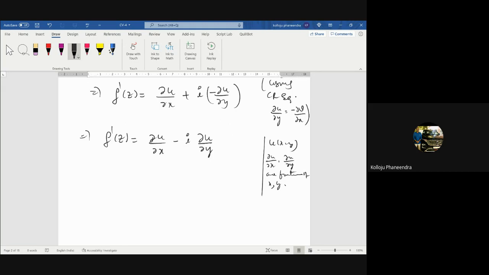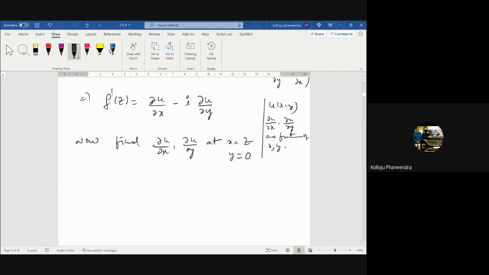Then what is the requirement? I have to calculate f of z, a function in terms of z. Now find dou u by dou x and dou u by dou y at x equal to z, y equal to 0.